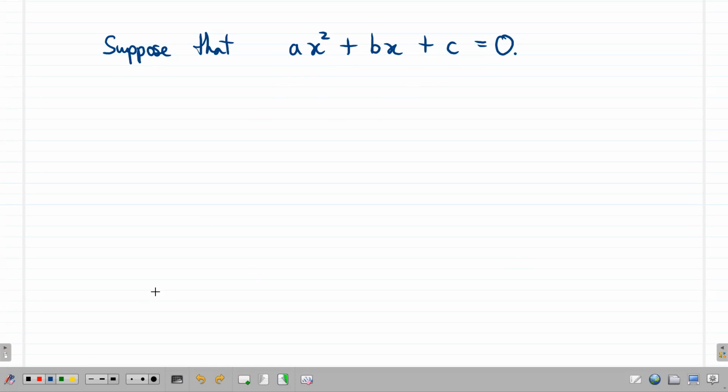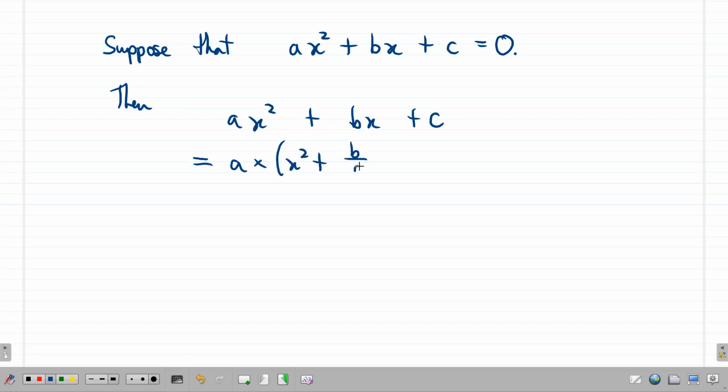Okay, then, I want to manipulate the quadratic on the left-hand side, put it into a slightly different form. So I'm going to have a bit of a play around initially. If I write out the left-hand side, I have ax squared plus bx plus c, which I can rewrite as a times (x squared plus b over a x) plus c.